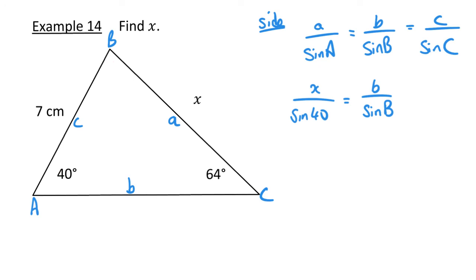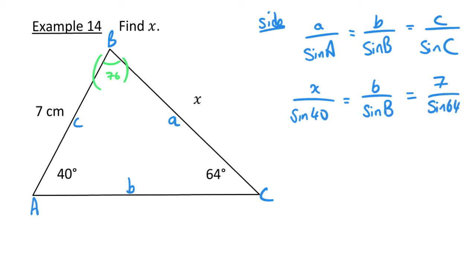So if we needed to, we could work that out, and that's going to be 76 degrees. Okay, but we don't need that at the minute, but we'll leave that there in case we do. And then side c is 7 and angle C is 64, so 7 over sine 64.